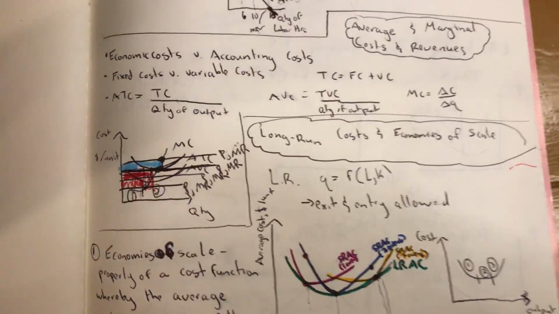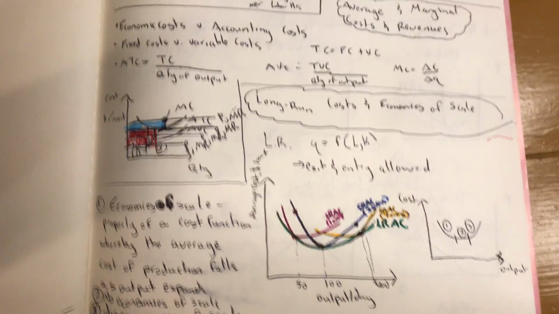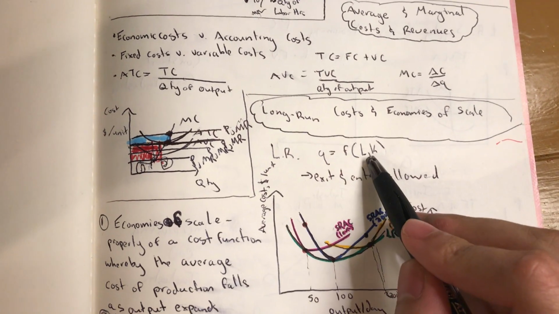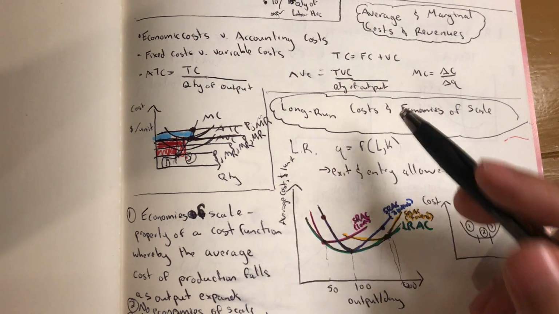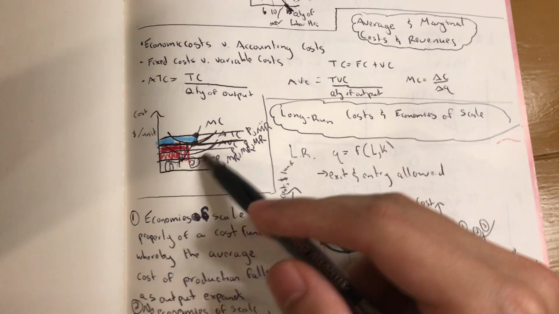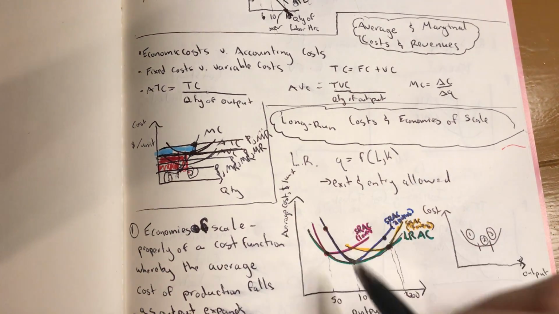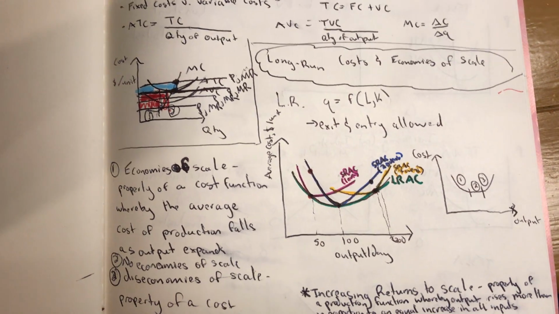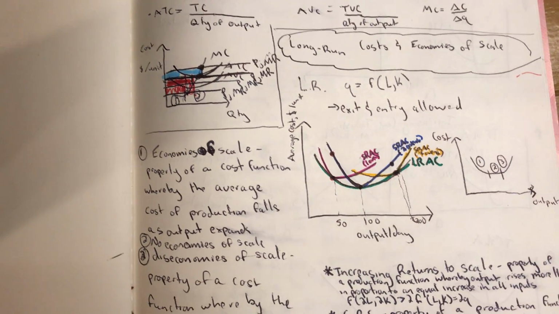Okay, now let's think about the difference between long run cost curves and short run cost curves. In the long run, all factors of production are variable, and we allow exit and entry. So here we assume that you can't exit this industry in the short run, but in the long run, we allow exit and entry. And this is going to have significant implications for the model and the graphical representation of that model.